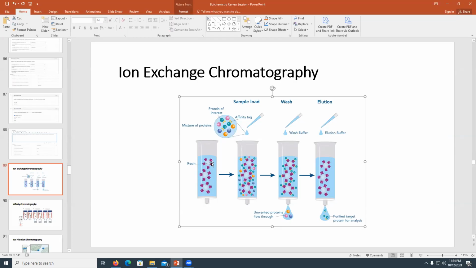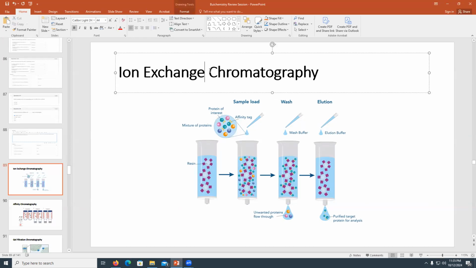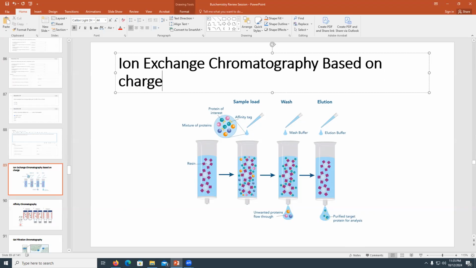The resin will be positively charged, and your protein of interest will be negatively charged. So ion exchange chromatography is based on charge. It bonds with the charges.